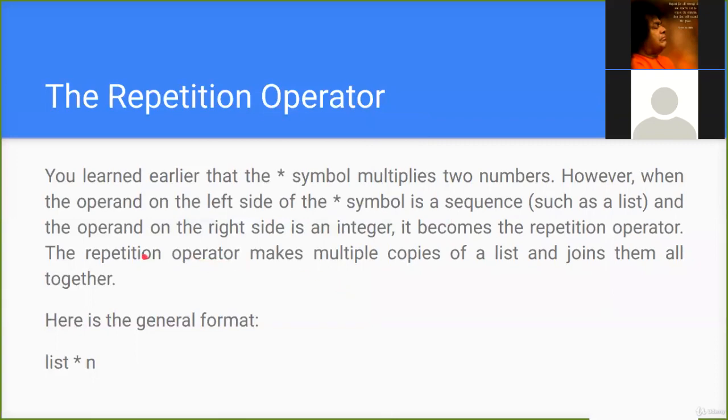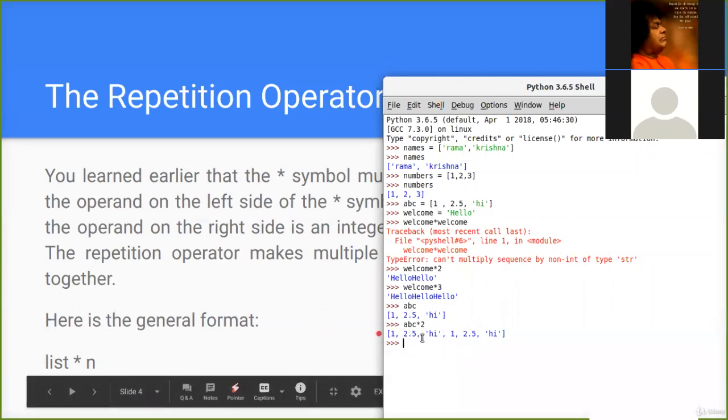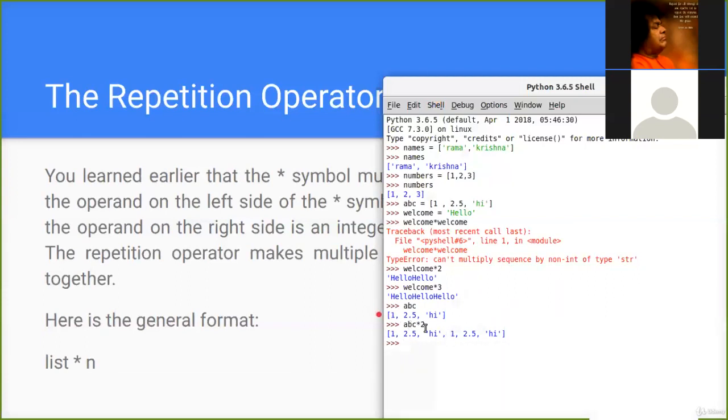So let's see what we can do with the repetition operator. The repetition operator makes multiple copies of a list and joins them together. Suppose I have a list called ABC. What will I get by multiplying it by the number 2? The same list gets expanded: when you multiply it by a number, it simply gets expanded that many times.